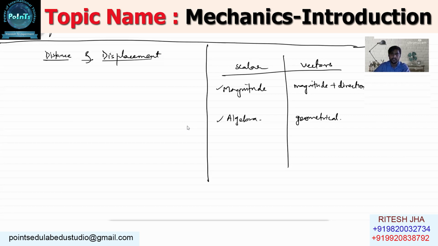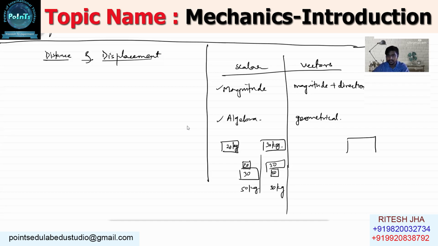If I have a mass of 20 kilogram and another mass of 30 kilogram, and I'm stacking them differently, here this is 20, this is 30, and here this is 20, this is 30. In both cases, the total mass is 50 kilogram only. But if you are applying vectors, suppose 20 Newton is applied over here and 30 Newton over here.